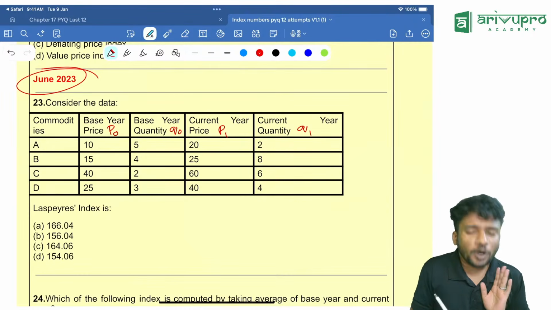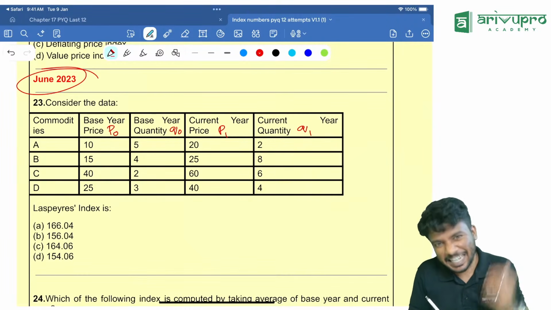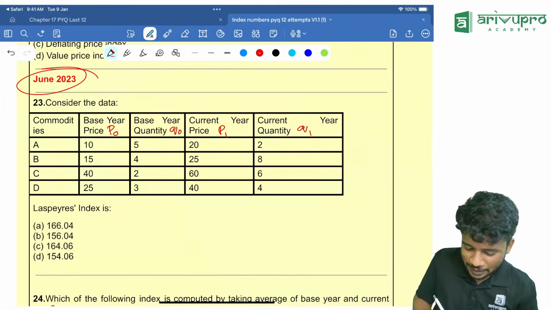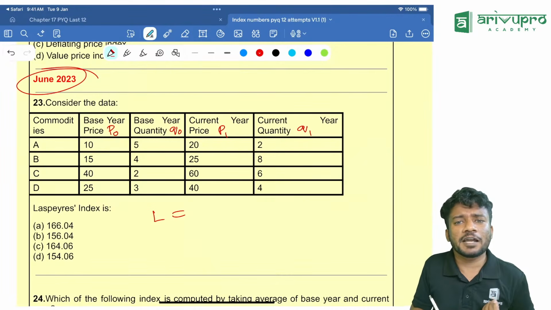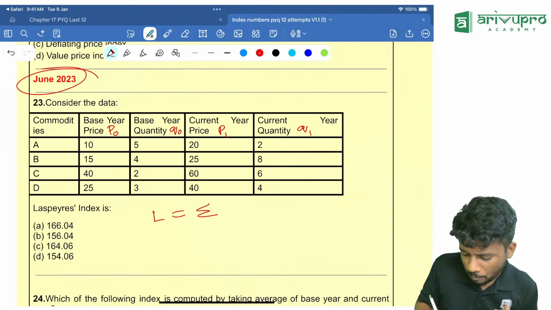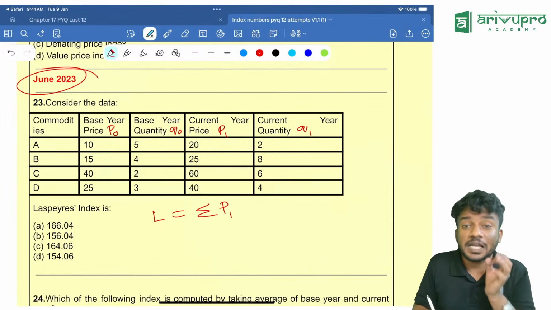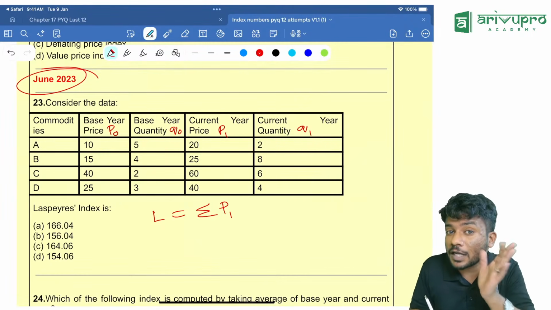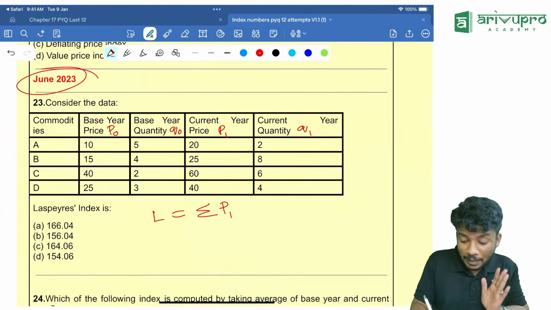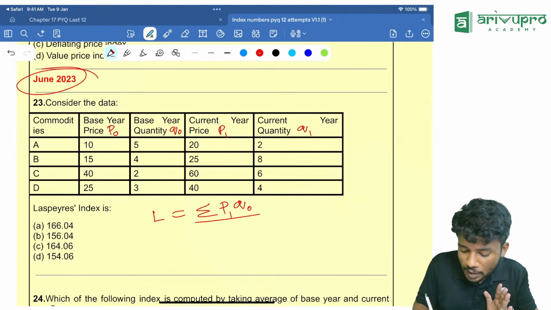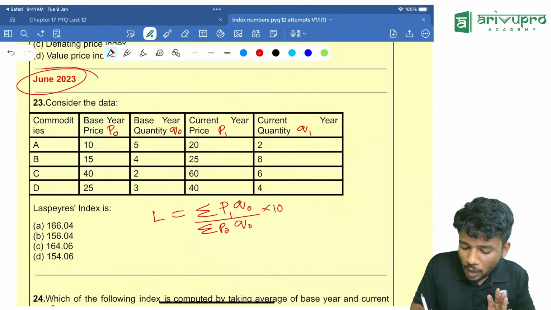Now people, what is the Laspeyres index number? Again, the same type of question is getting repeated. What is the formula for Laspeyres? That is sigma P1 Q0, since in Laspeyres we take base year quantity, divided by sigma P0 Q0, into 100.